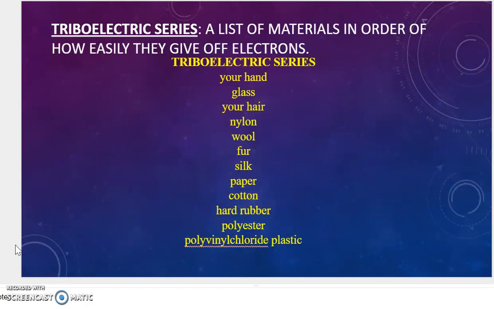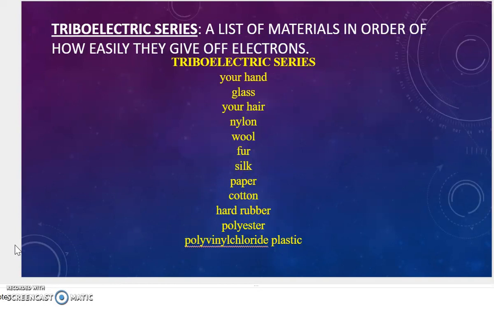This list is called the triboelectric series, and it is a list of materials in the order of how easily they give off electrons. Your hand gives off electrons fairly well. I'm sure you have gotten a static shock once in a while when you go to touch a doorknob or a person. At times, you will get a short burst of electrical force, and we'll talk about static electricity in just a second.